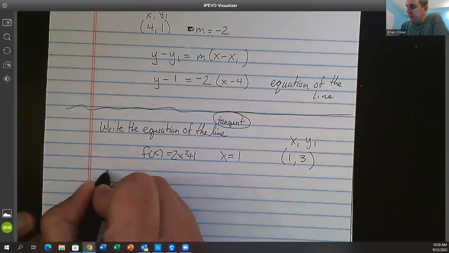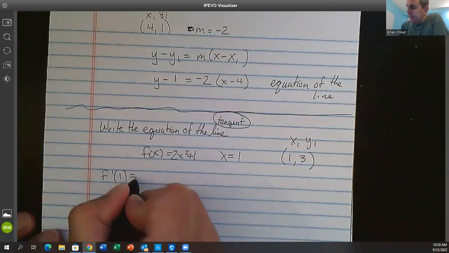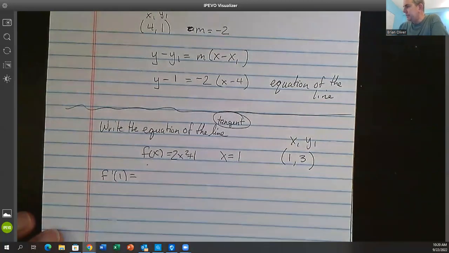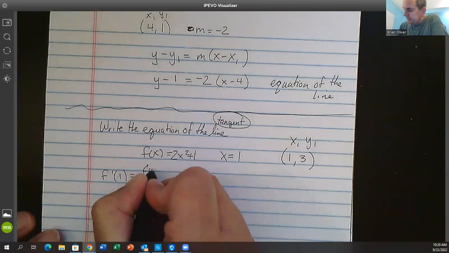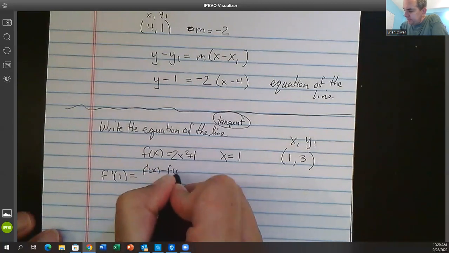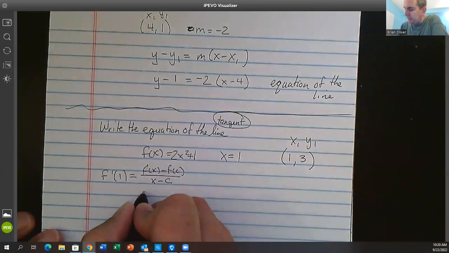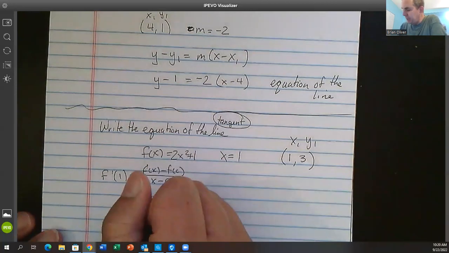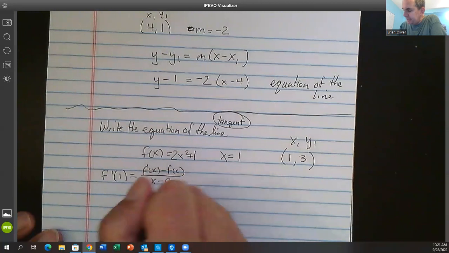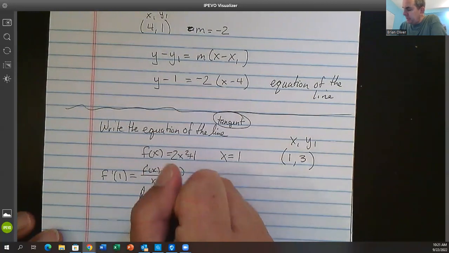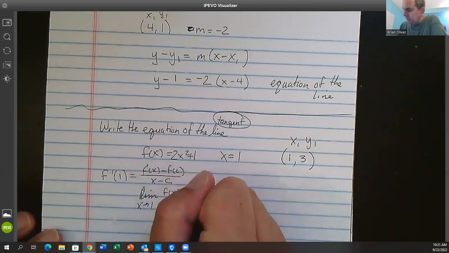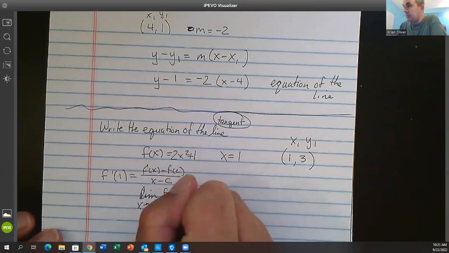Now I'm going to find f prime of 1. It's going to equal f of x minus f of c over x minus c. Or in the case of this problem, the limit as x approaches 1 of f of x minus f of 1 all over x minus 1.